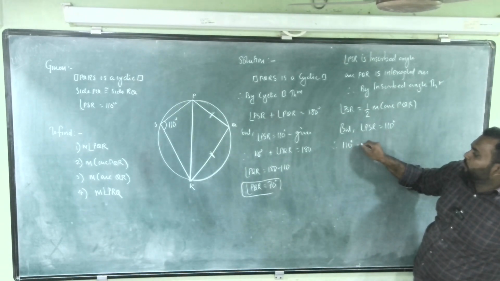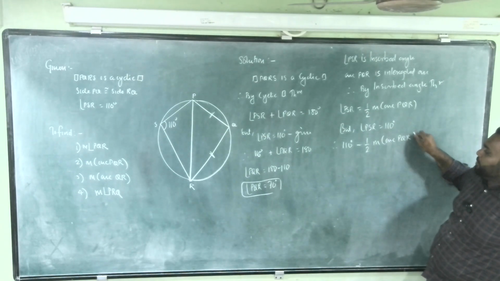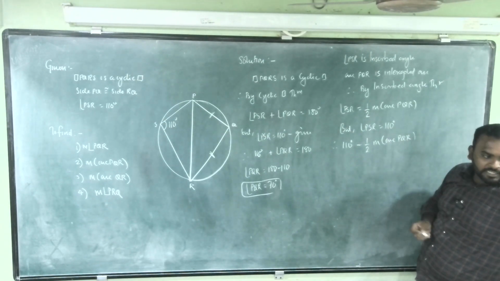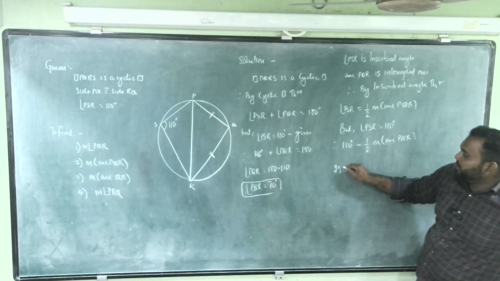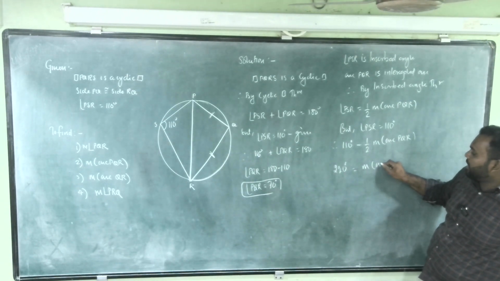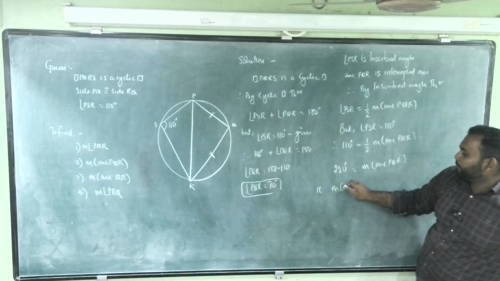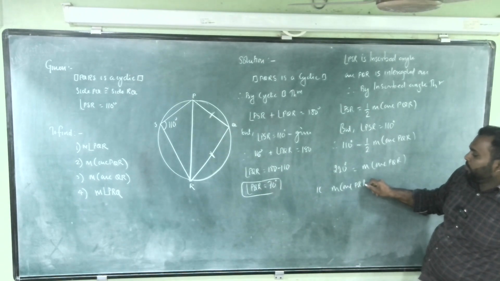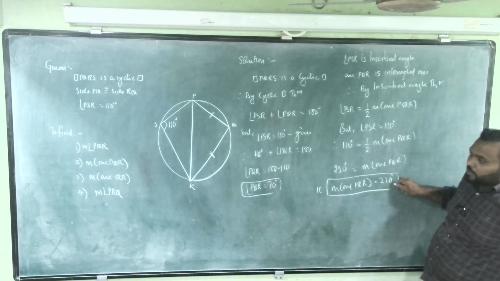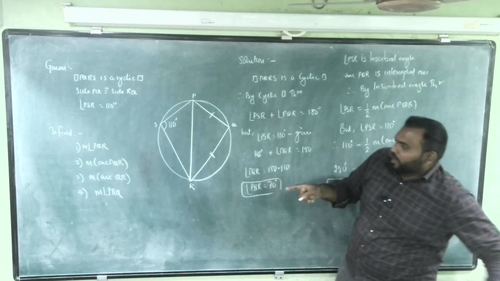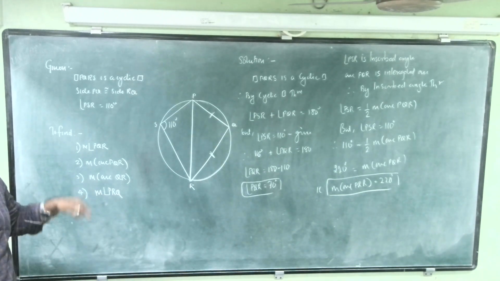Therefore 110 will be equal to half the measure of PQR. अब ये 2 इधर से उधर जाएगा, 110 के साथ मल्टीप्लाई होगा तो क्या आएगा? 220 is equal to the measure of PQR. That is, the measure of arc PQR is equal to 220. समझ में आया children? अभी you need to find the measure of QR and then the measure of PRQ. पहला इतना लिख लो.